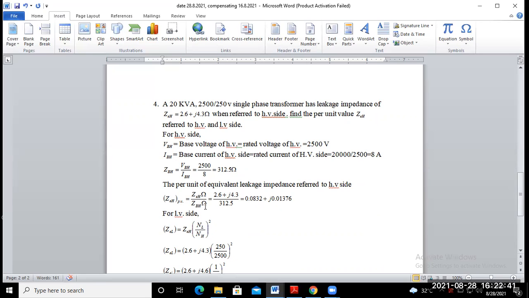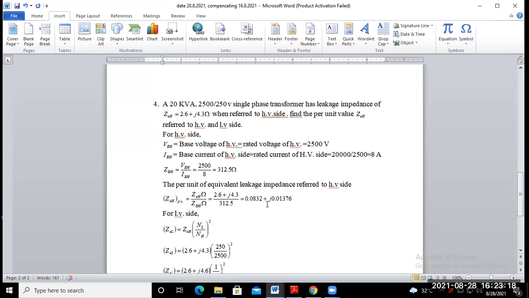So 2.6 plus j4.3 divided by the base value of the impedance on the high voltage side, that means 312.5. If you solve this equation, you will get 0.0832 plus j0.01376. Okay, so this is your per unit value of equivalent impedance on the high voltage side.